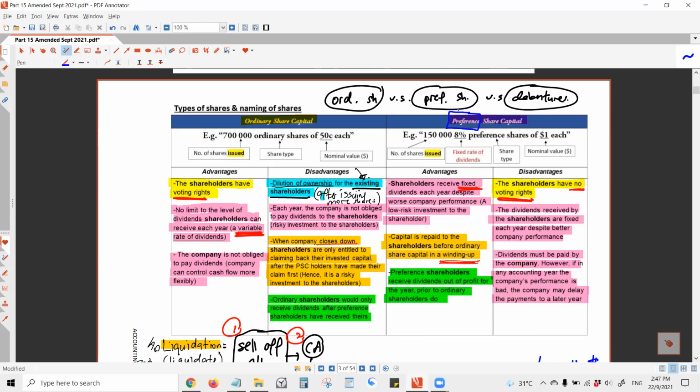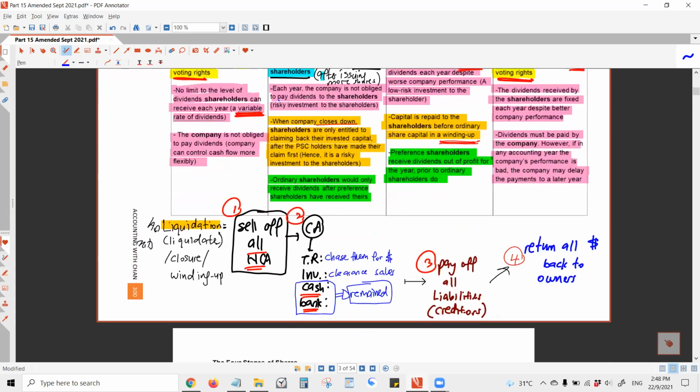If somebody buys preference shares, you call that person a preference shareholder. If somebody buys ordinary shares, you call that person an ordinary shareholder. So you have two groups of shareholders. Who would get back the money first? Just now I mentioned, preference shareholders first.